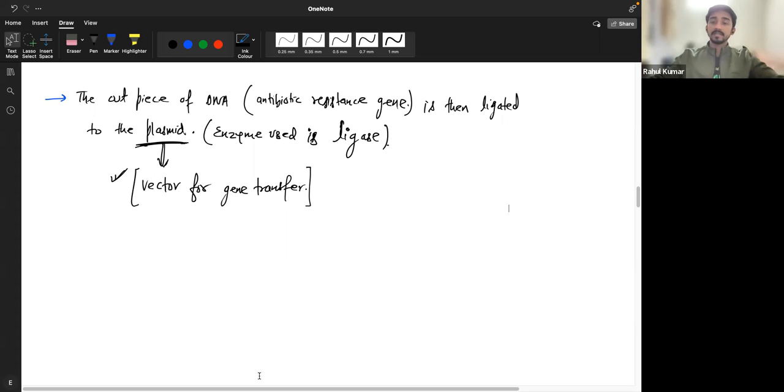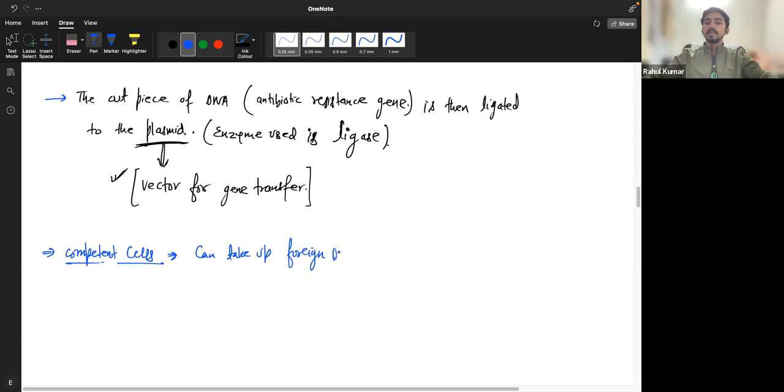Now let's define competent bacterial cells. Write down: a competent bacterial cell can take up foreign DNA or plasmid from its surrounding, inside the cytoplasm.